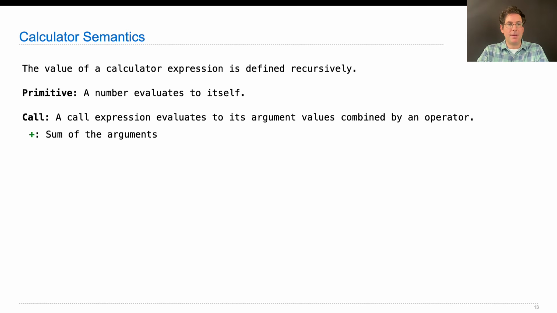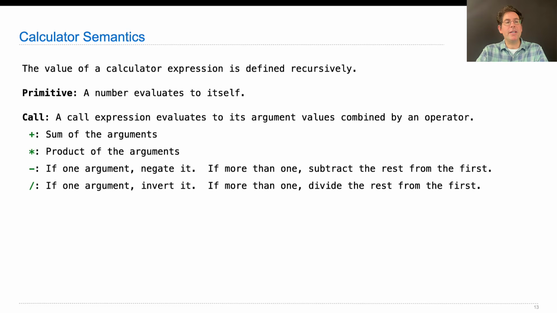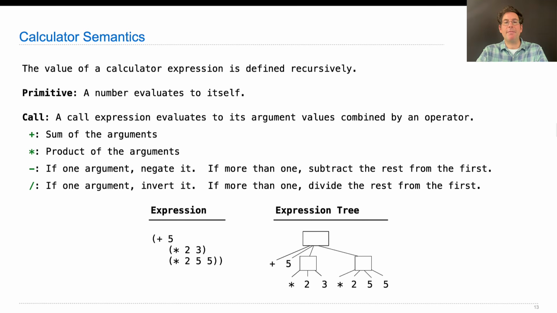If it's plus, you sum. If it's times, you take the product. Subtraction and division are slightly more complicated. I've tried to summarize them here. They work just like scheme. So an expression that looks like this would have an expression tree where when you do the multiplication, now you can do the addition and get the final answer.